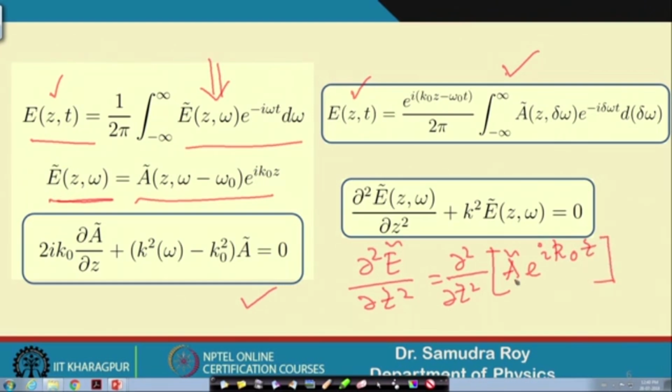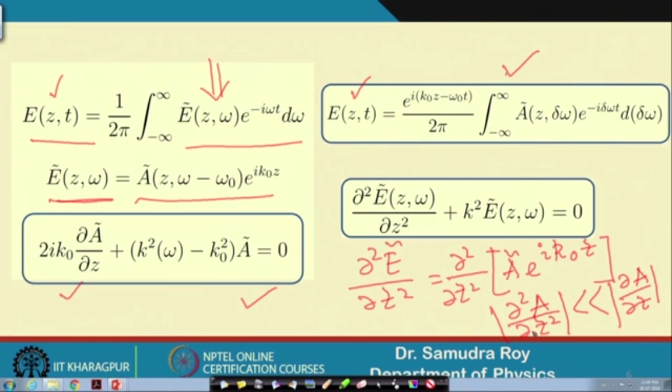A tilde is a function of z and e to the power i k 0 z is also a function of z, so this is a multiplication of two functions. When we do this, we will have a first order derivative of A and also a second order derivative. But we know that the second order derivative term is very small compared to the weightage of the first order derivative, because A is varying very slowly.